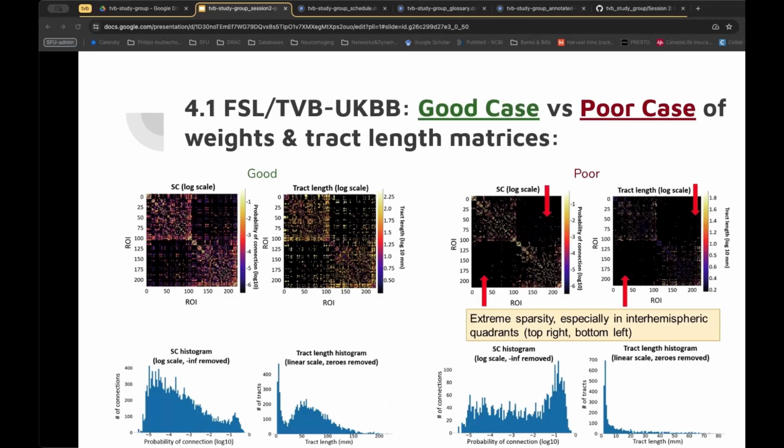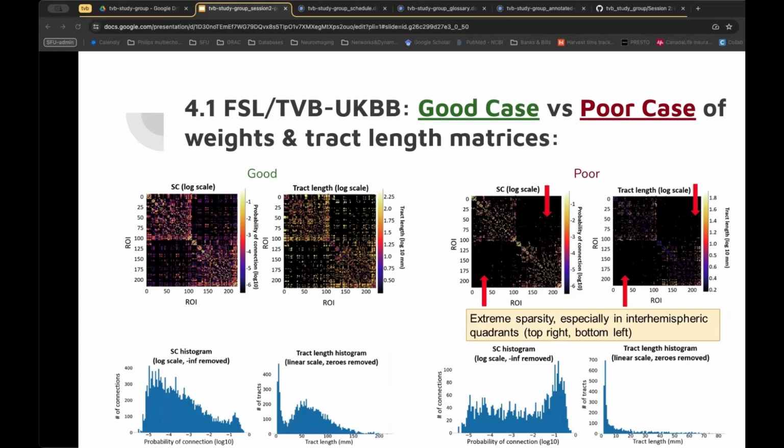Yeah, great. These are some examples of SC matrices and tract length matrices that we have from the TVB UK Biobank pipeline. That pipeline has a quality control subpipeline that we can use for their assessment. However, the judgments that we make may not necessarily hold for all the tools that we have, so take this with a grain of salt.